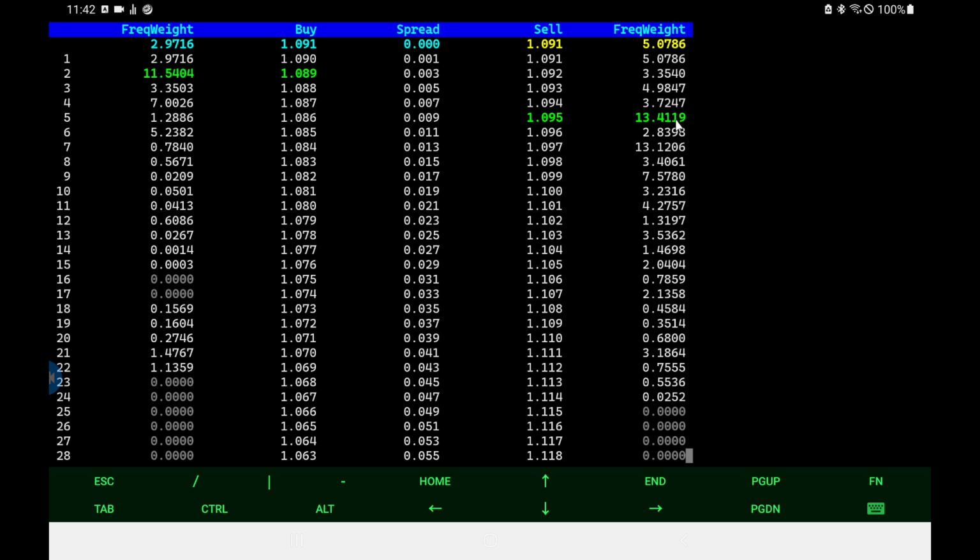But we can also see that slightly lower, 13.12% of the order book is accepting a 1.097. So now we see where the order book is likely to go next. That is, we have a range of what price is acceptable, and we can see what the order book is going to do, and that the bulls are likely going to try to push price higher than what it is at the moment.